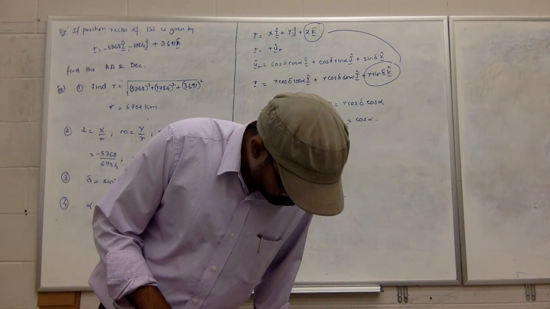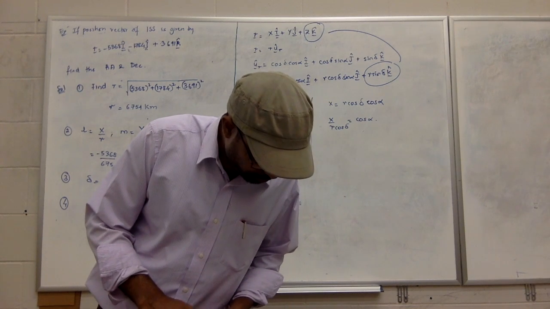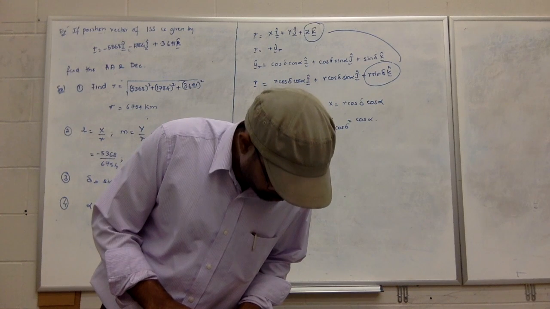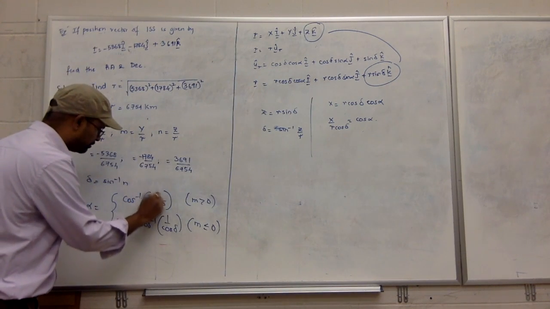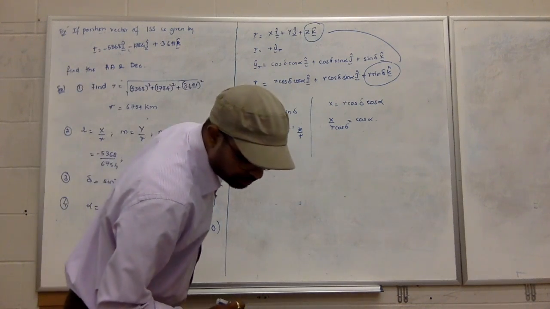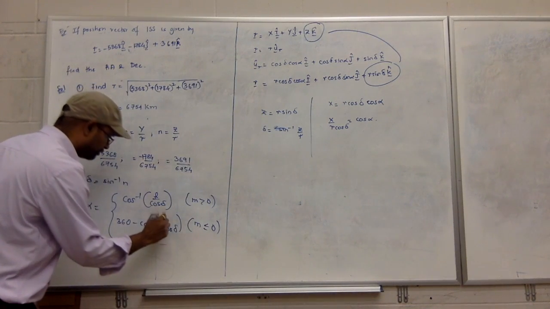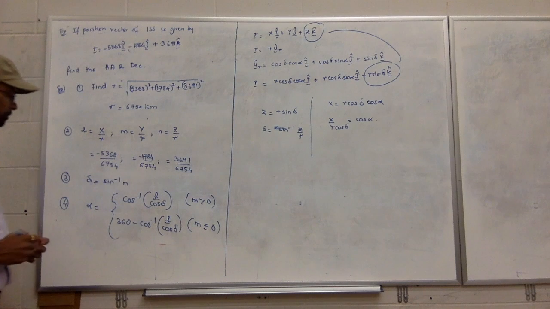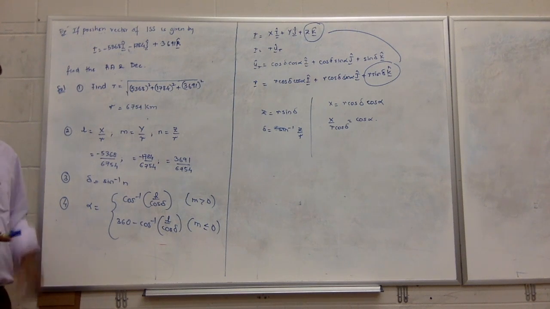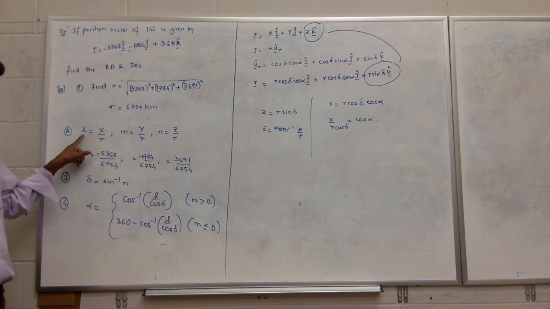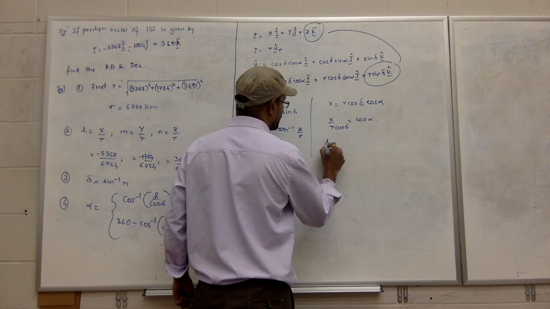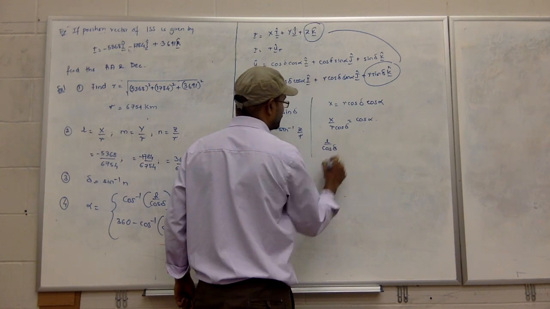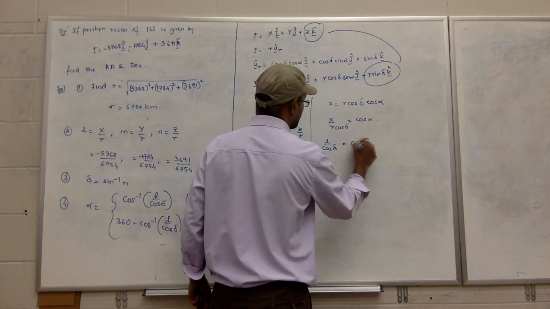If you're just looking for alpha, you multiply by that cosine inverse, right? It is actually, this is L, okay. This is also L. So here you can write this as L over cosine delta is equal to cosine alpha.